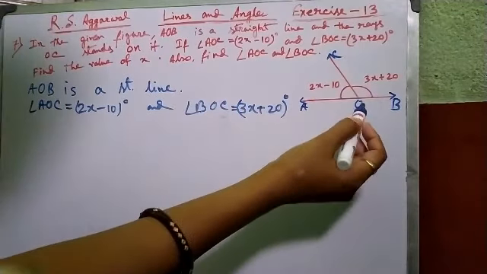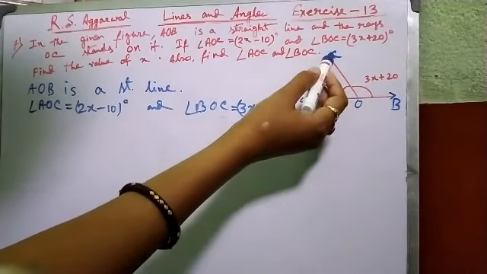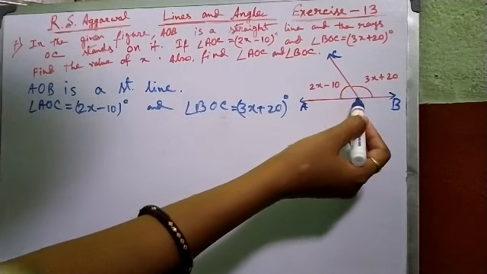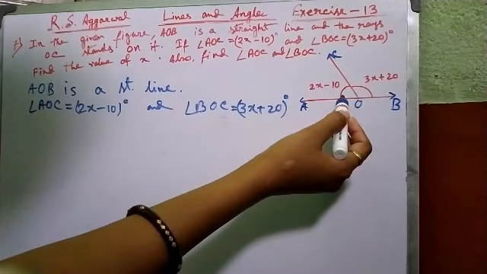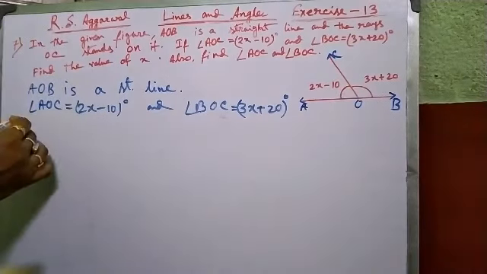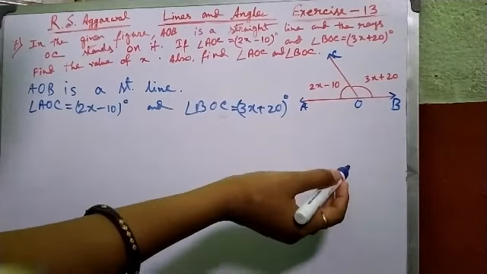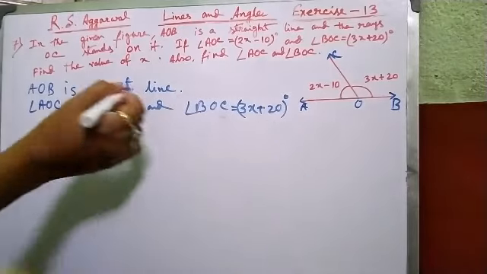AOB is a straight line, OC is a ray. So these both angles are a linear pair of angles, because OA and OB are opposite rays to each other.